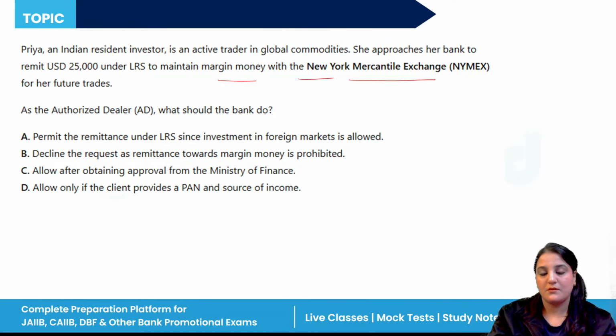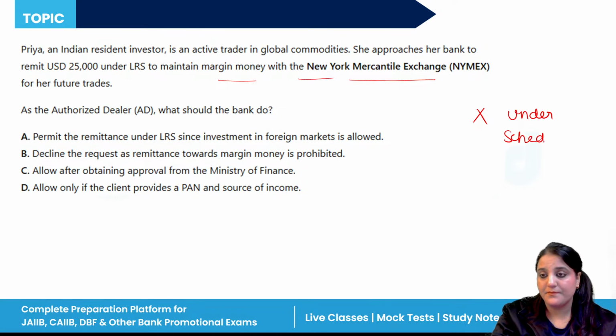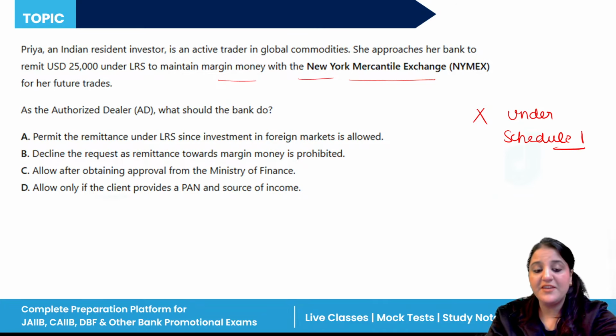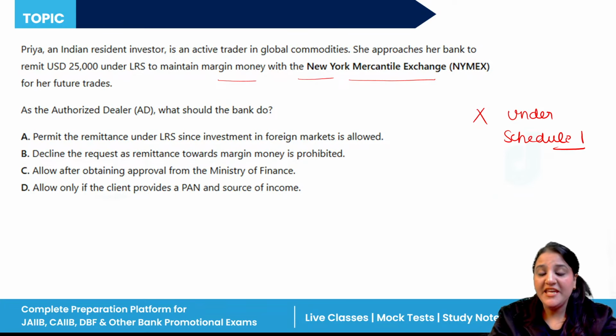Obviously, we know that under Schedule 1 of non-permissible remittances, margin or margin calls to overseas exchanges or counterparties are not allowed. So here we can say, even though LRS allows investment abroad, margin payments involve speculative elements, and RBI prohibits unregulated capital flows.